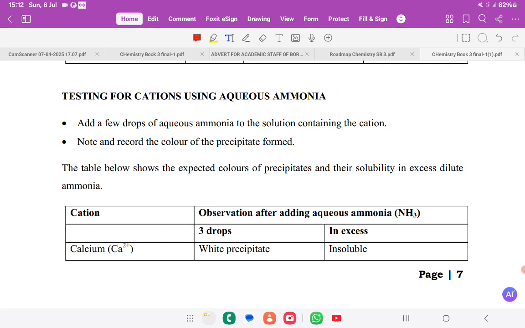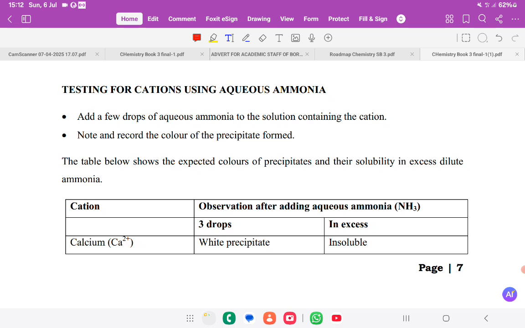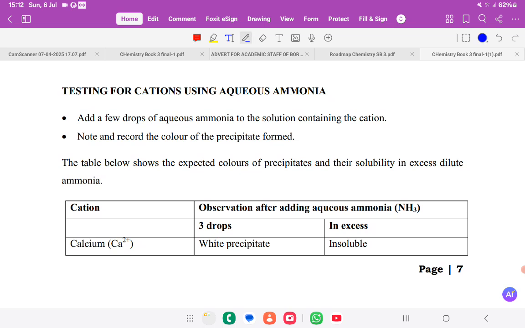So the table summarizes the expected color changes. If a solution contains calcium ions, let's say you have calcium chloride or calcium sulfate or any other solution of a calcium compound, upon adding 3 drops of ammonia solution, a white precipitate is formed. The white precipitate remains in the solution even if you keep adding more ammonia solution.